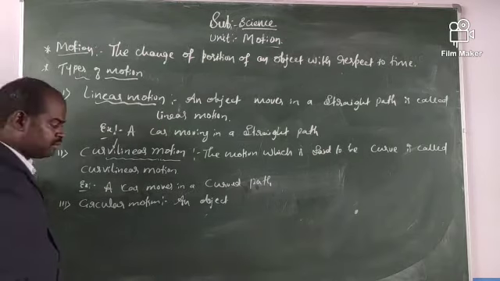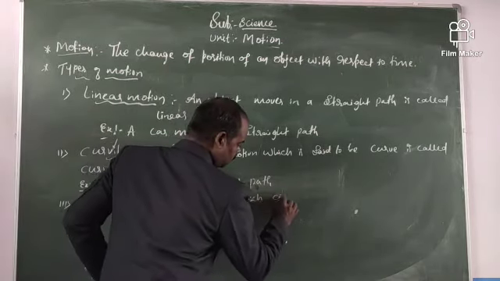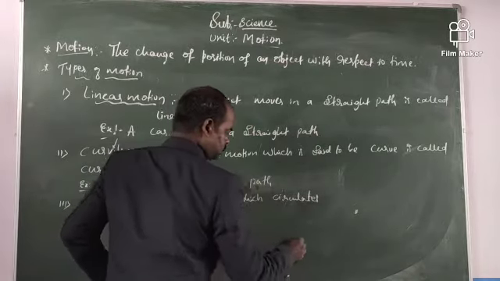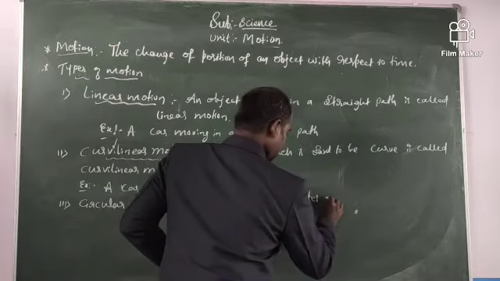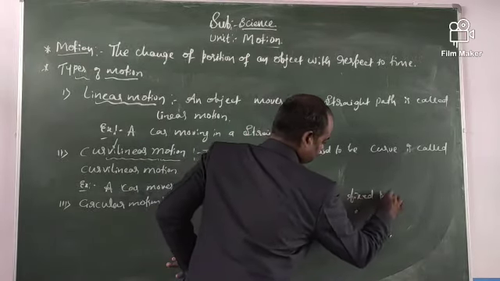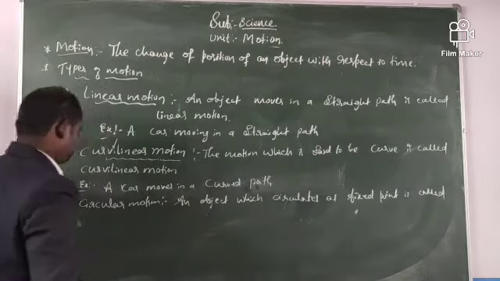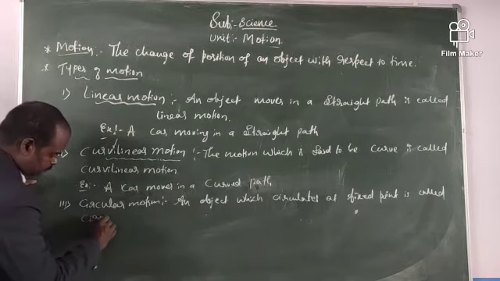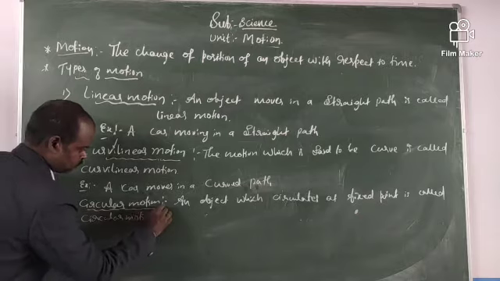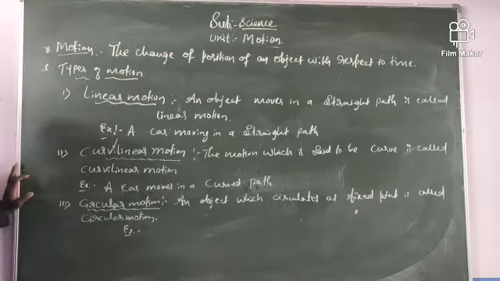An object which rotates, which circulates at a fixed point is called circular motion. Example for this: a fan.